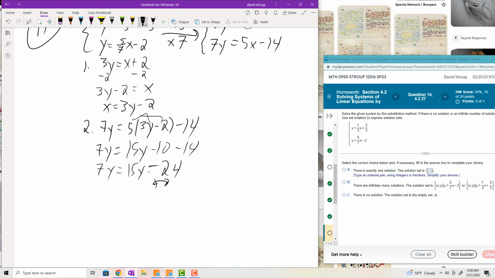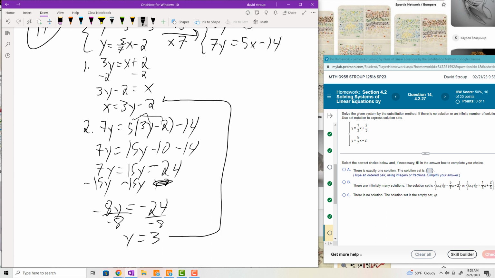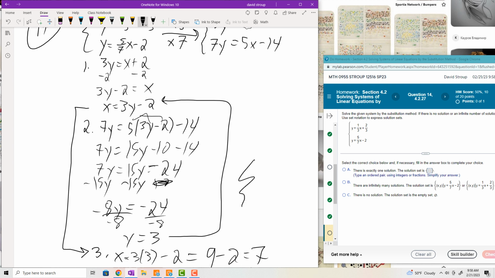Move the 15y over. So get minus 8y is minus 24. Divide by minus 8. So get y is 3. And then lastly, back sub into the first equation. So our solution seems like 7, 3.